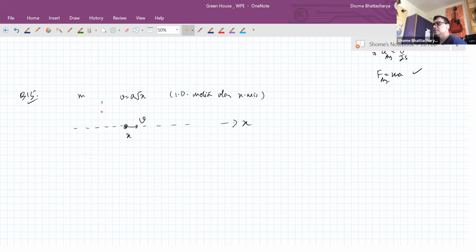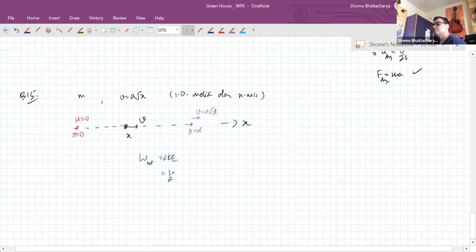So you can see that at x equal to 0, its speed would have been 0 according to this formula. And by the time it reaches somewhere here, x equal to t, its speed is equal to a root t. So work done by all the forces is change in kinetic energy, that is half mv square minus half mu square.